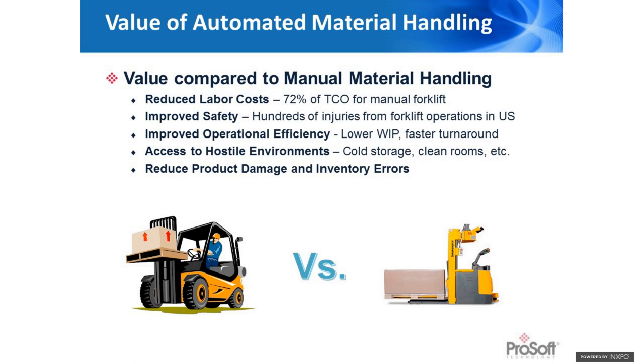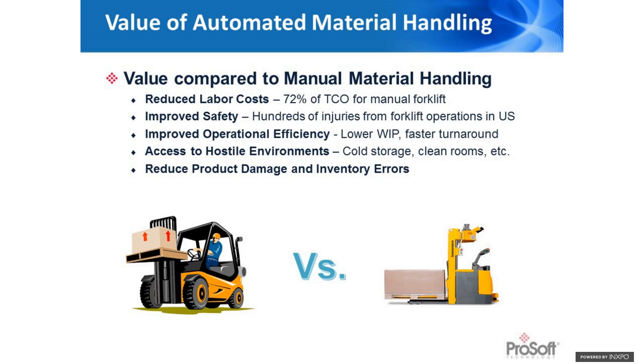As I've talked through these different types of systems, there's a tremendous amount of value associated with automating material handling for a lot of industrial customers. Just looking at the AGV compared to a manual fork truck, the ability to save a lot of money over the entire period of time where that system is deployed is pretty significant.